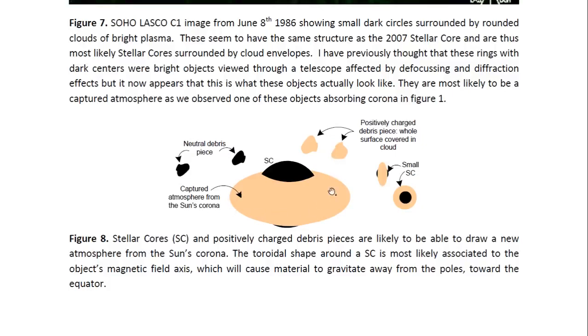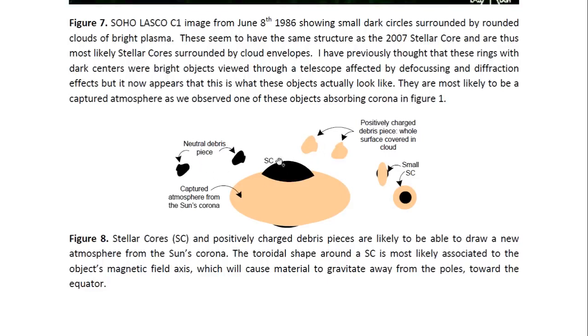And this is because the toroidal shape is most likely associated to the object's magnetic field, which will cause material to gravitate away from the poles towards the equator. And of course, debris pieces will not have magnetic fields, so the whole surface of the piece is likely to be covered in this atmosphere.